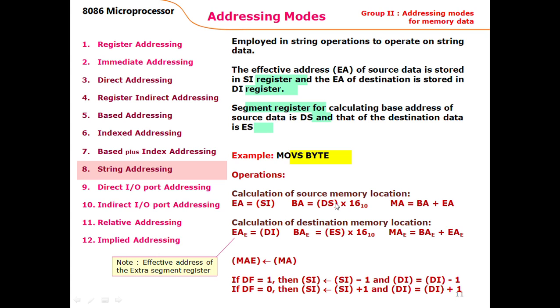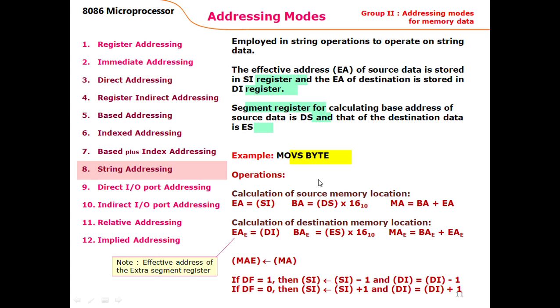And a number of operations are involved in this instruction, even though it's a simple instruction, and a number of addresses or effective addresses are involved, but they are implicit. They are not part of this instruction, but they are implicitly implemented by the hardware of the microprocessor.